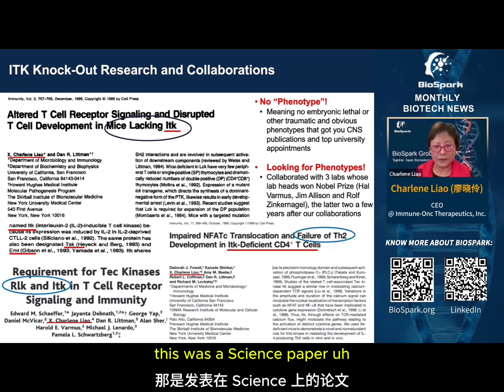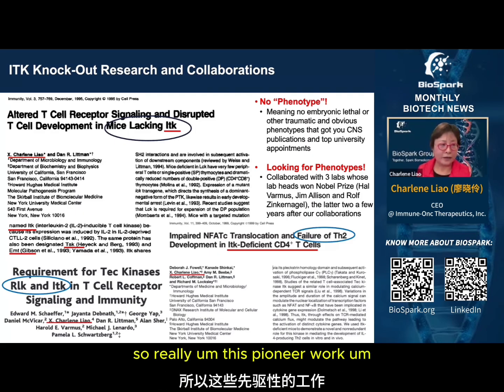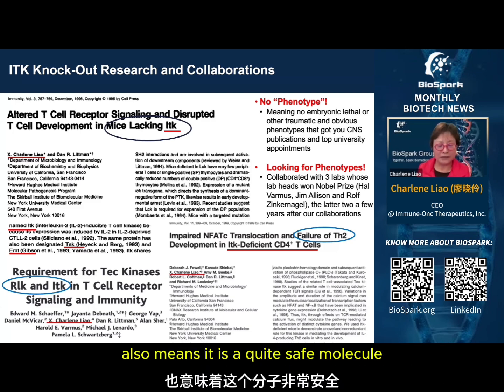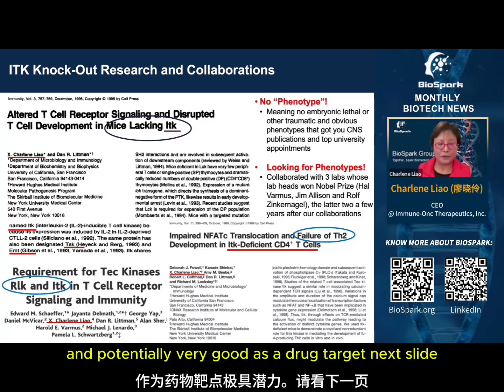This was a Science paper. So really, this pioneering work established ITK as an attractive target because no phenotype also means it is quite a safe molecule and potentially very good as a drug target. Next slide.